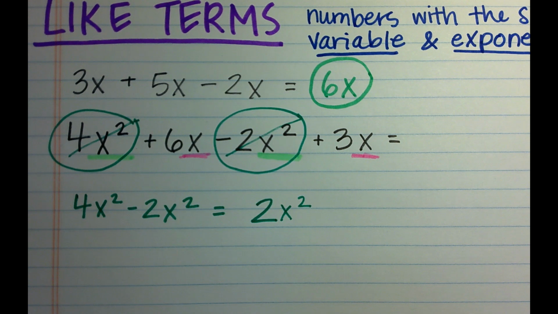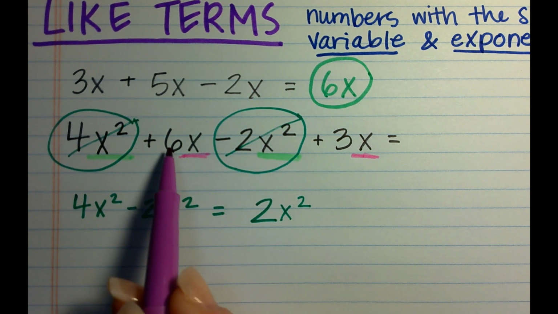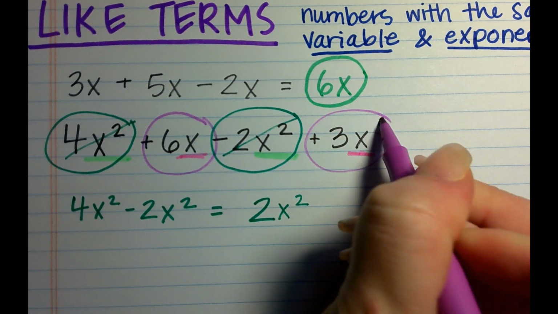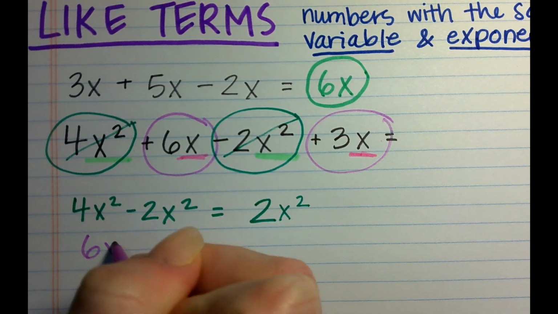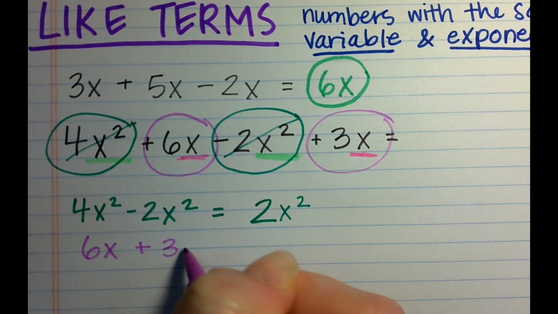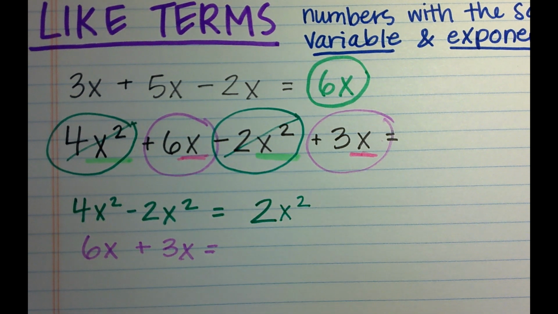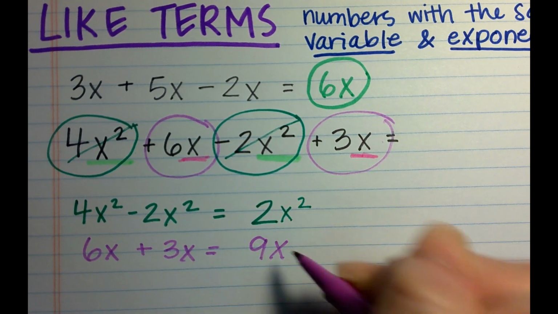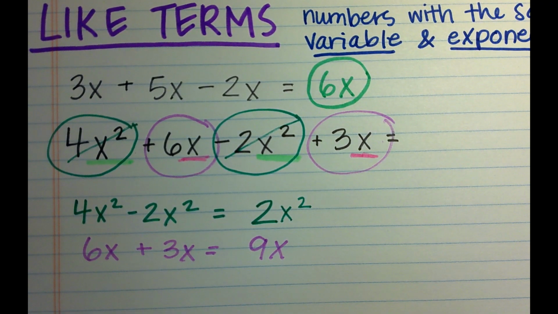What should I do next? Yes, now let's look at our 6x and our 3x. 6x plus 3x. And what is 6x plus 3x? 9x. Good. So now I have my two different terms. I've combined everything that I can combine.